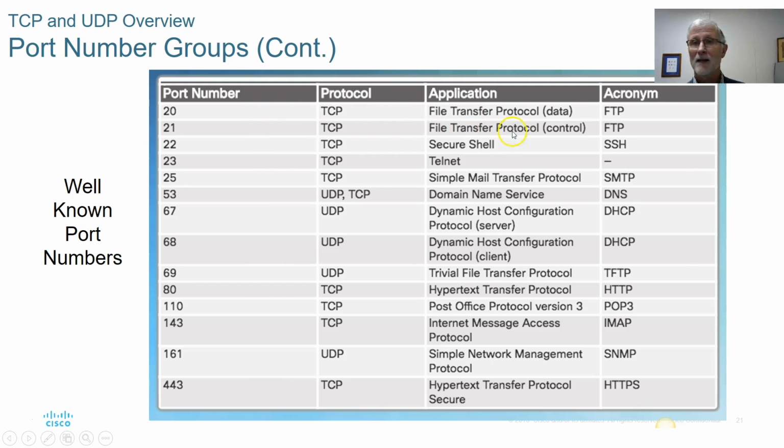Port 20 is for data, port 21 is for control. So just keep in mind, some of these are split, in this case, for different features. I would bookmark this table, print it, keep it handy, because you're going to see it and need it.